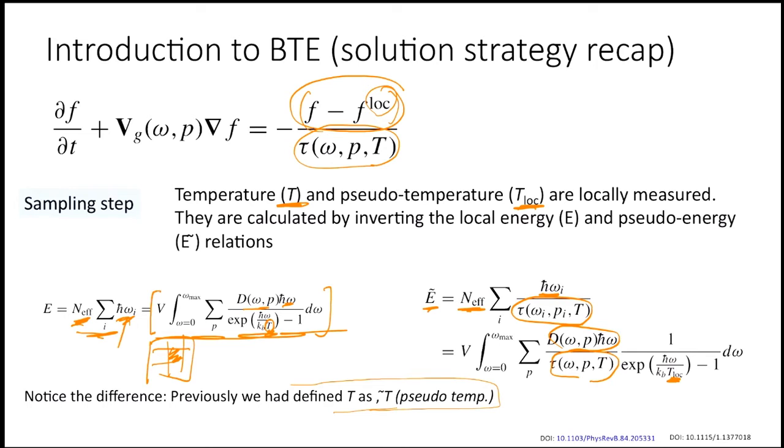So next we look at this part. Even this tau term contains this T. At what temperature we are taking this tau, as I was mentioning in the last class.